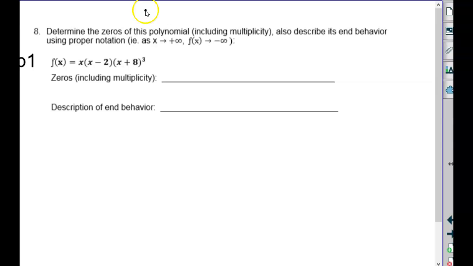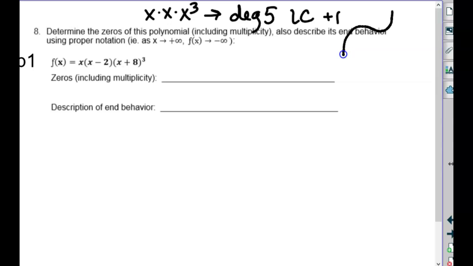So this one has an x, another x, and an x cubed. There is no leading coefficient on any of those. So what degree is this? Degree 5 with a leading coefficient of +1. Okay. So it is just like a cubic, this is the shape.